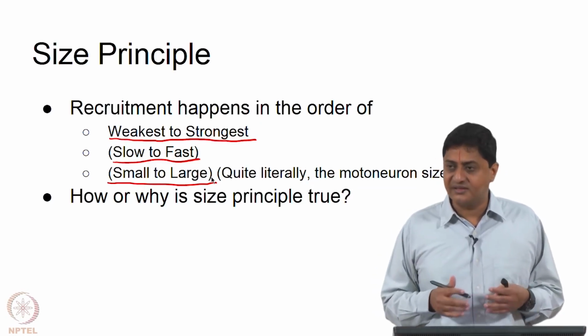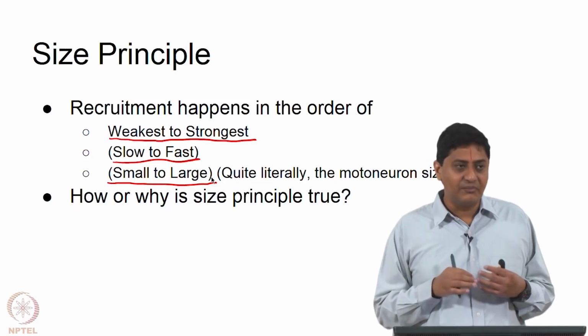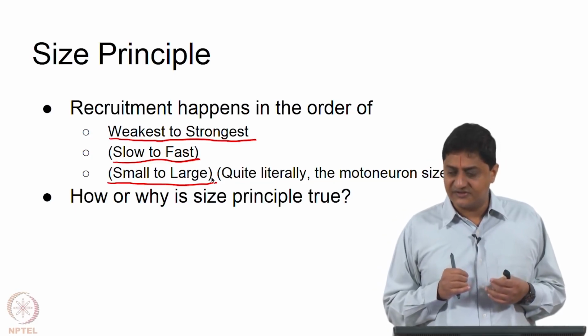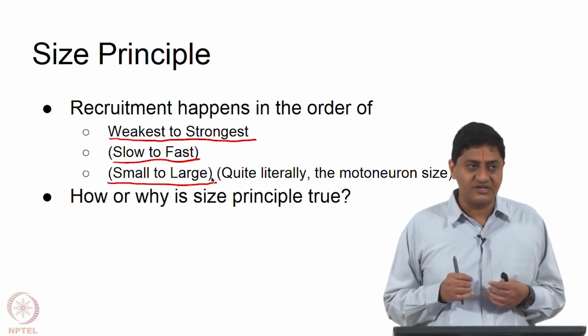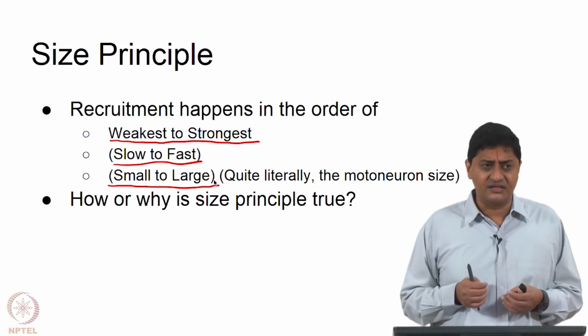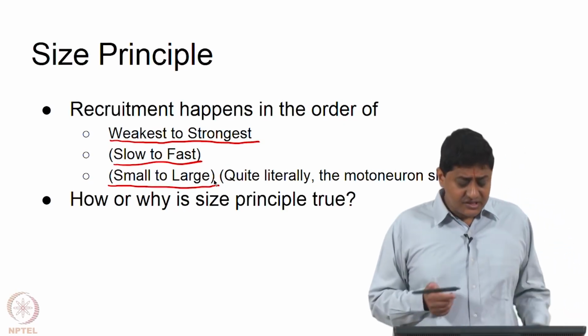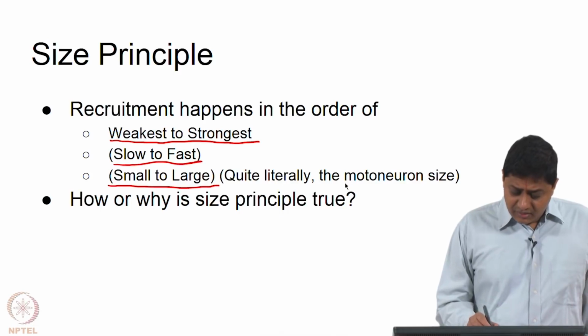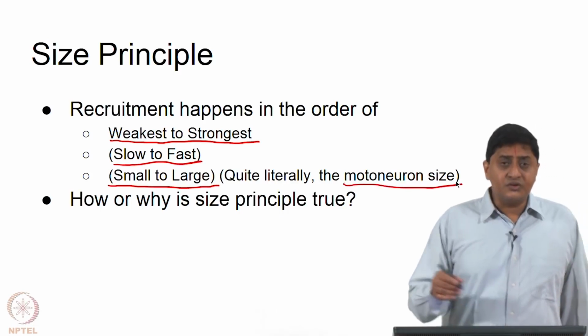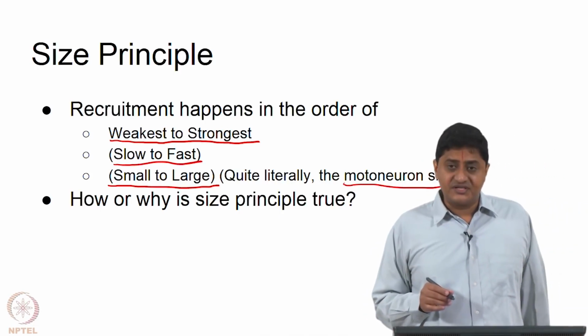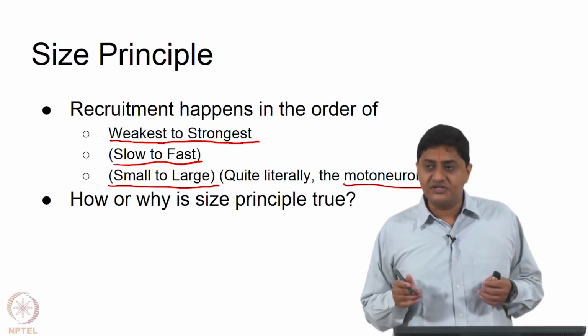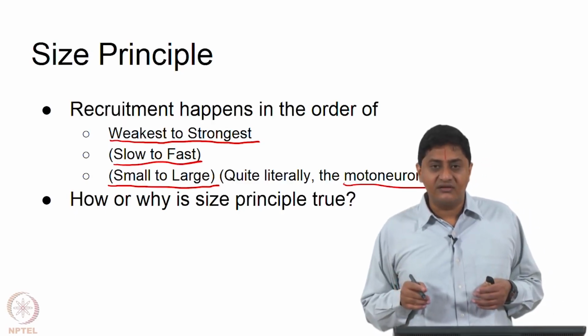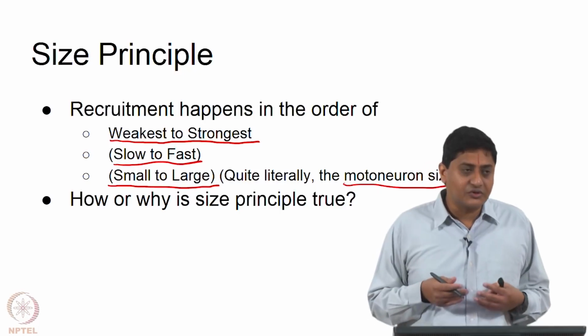If it is small, then that is a small motor unit. If the innervation number is large, we call it a large motor unit. Quite literally, the motor neuron size also correlates very well with the motor unit size. In other words, the large motor units usually are innervated by large motor neurons.